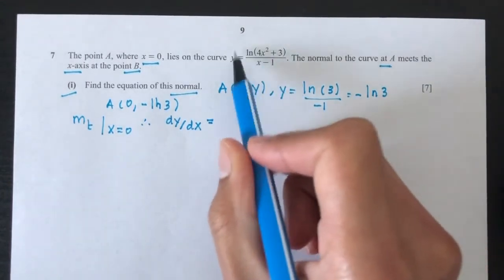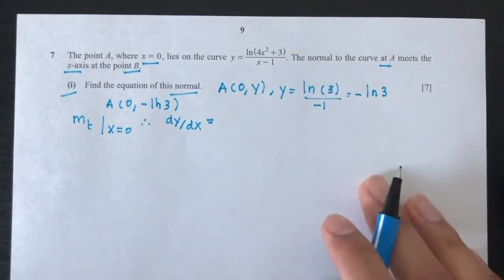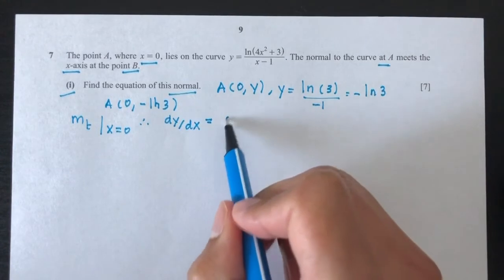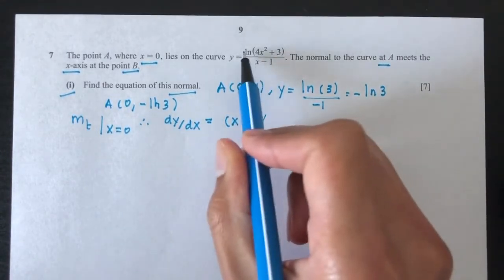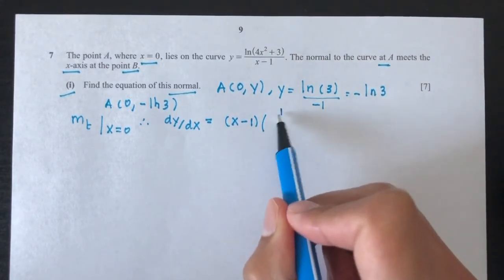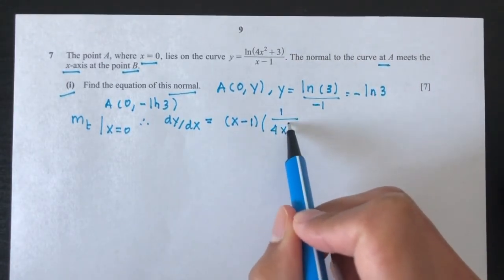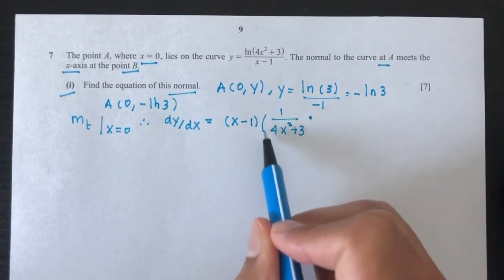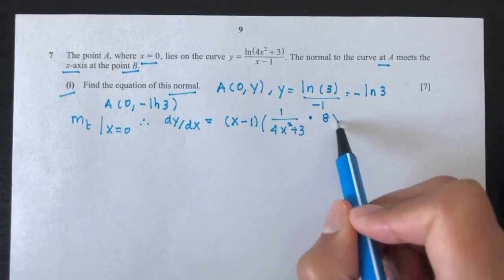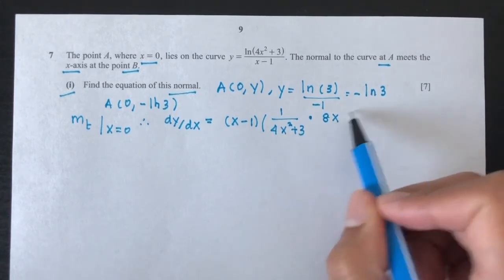So this one is a quotient, is a fraction, so we have to use your quotient rule. That will be x minus 1 times dy by dx on the top will give you 1 over 4x squared plus 3, multiplied by differentiation of this one, that will give you 8x, and this is just 0.